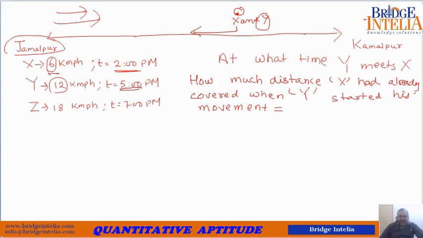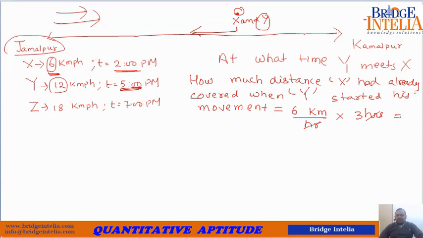So the speed of X was 6. X has been traveling for the past 3 hours because he started at 2 p.m. and Y is about to start at 5 p.m. So speed of 6 kilometers per hour into 3 hours is the distance X has already gained.